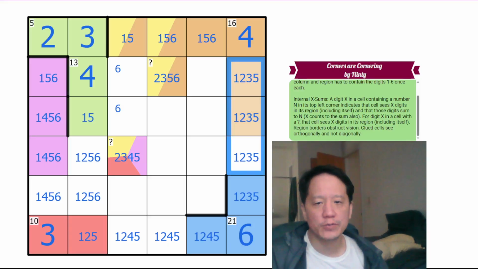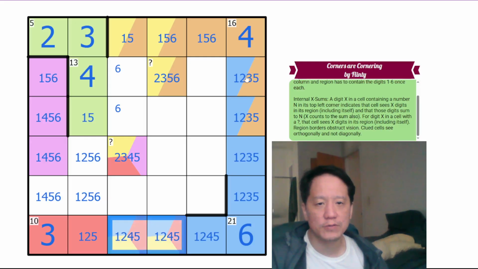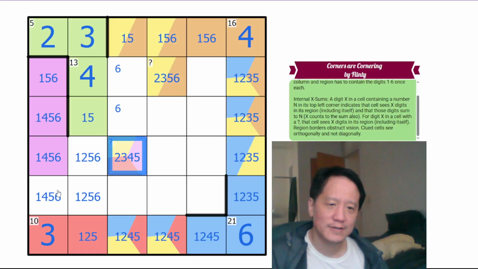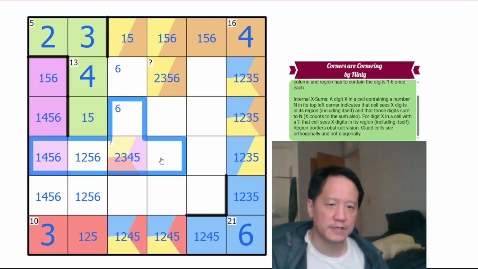Blue can go all the way up to there. Blue can go all the way up to here. This could be red or yellow. These could all be yellow, technically. Yellow could be in a lot of places. Pink can only extend 4 more.